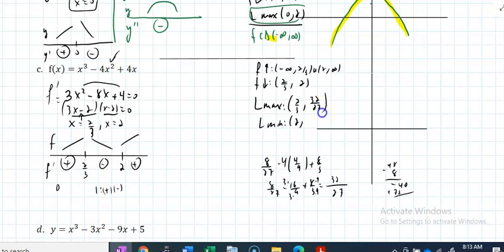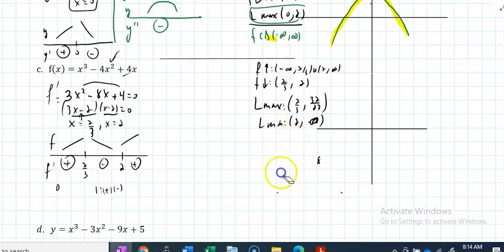A decimal is fine. And if I plug in 2 in the original, notice I always plug this in the original, I'll get 8 minus 4 times 4 is 16 plus 4 times 2 is 8. I'll get negative 16. No, I'll get 0. Okay, so all of that work could be done in a calculator. It's not going to require that much.